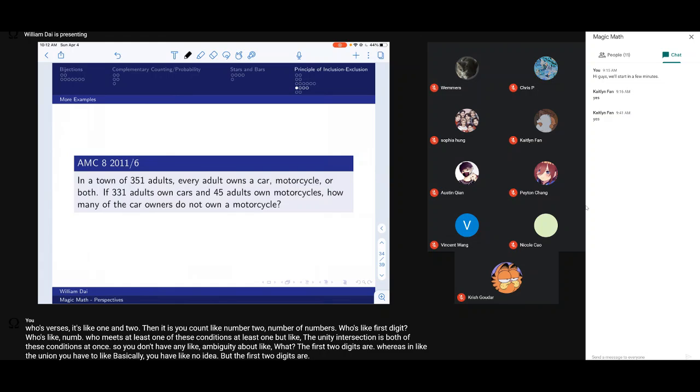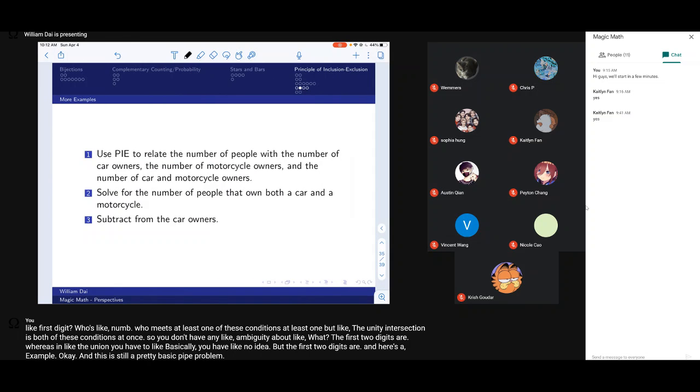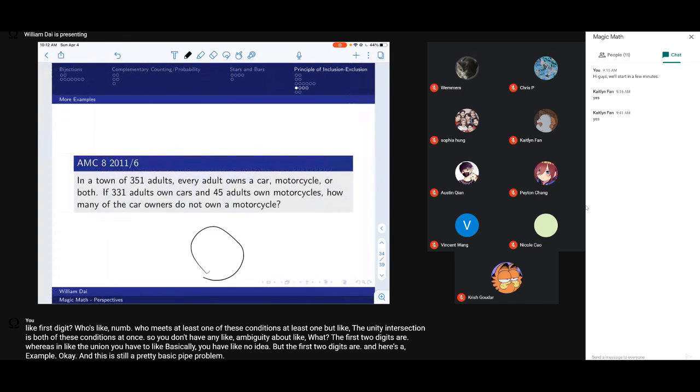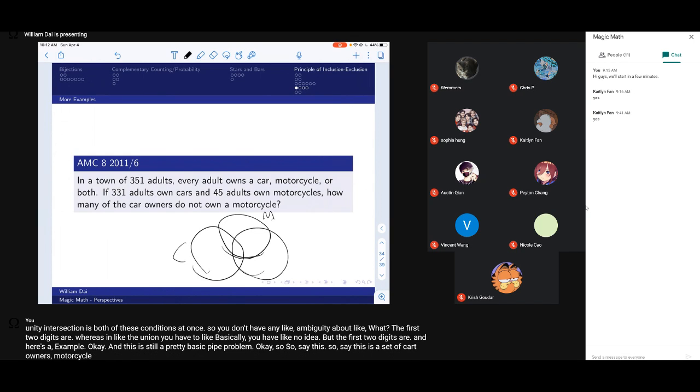And here's an example. This is still a pretty basic PIE problem. Say this is the set of car owners, motorcycle owners, and well, actually, there are only two sets here.